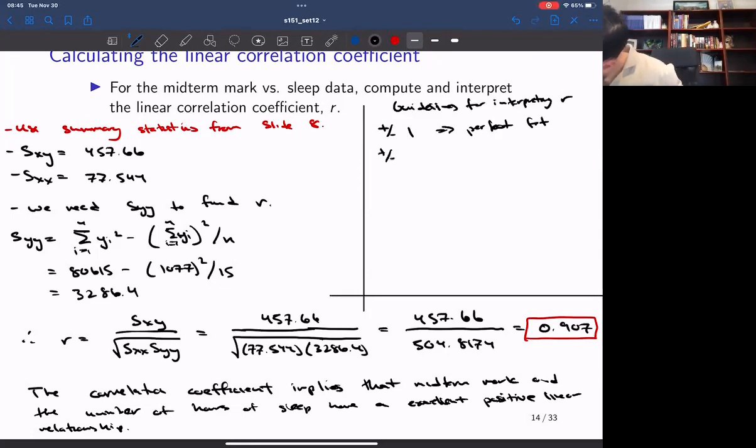And then plus or minus 0.9 to 1, we can think of as excellent.